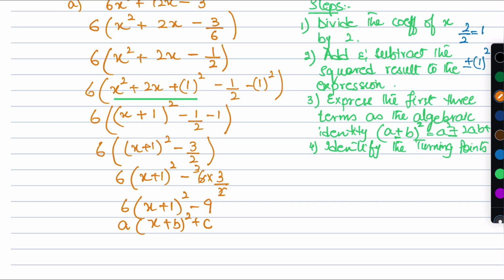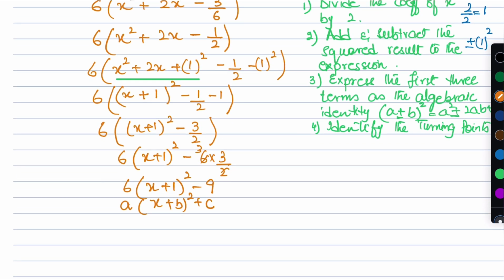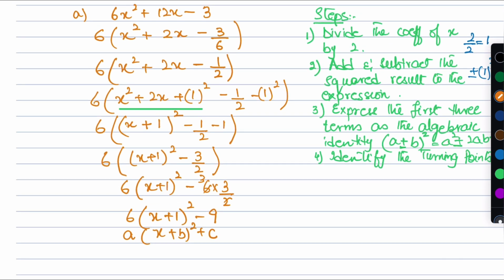Now, to discuss the significance of the completed square method, let's move on to the previous concept, which said that whenever the coefficient of x squared is positive, we shall have a minimum turning point curve.